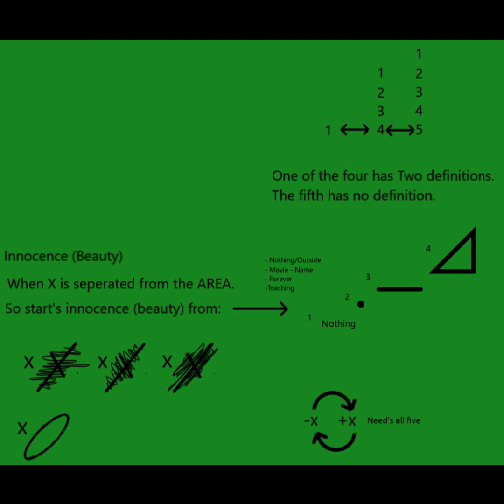It starts from nothing, dot, line, triangle, isosceles. The values are nothing or outside, and then it's movie or name, that is your story or your name. Then we have a line that is forever, what is going to happen forever, and then we have 4 that is the teaching. Now forever, now I will explain.